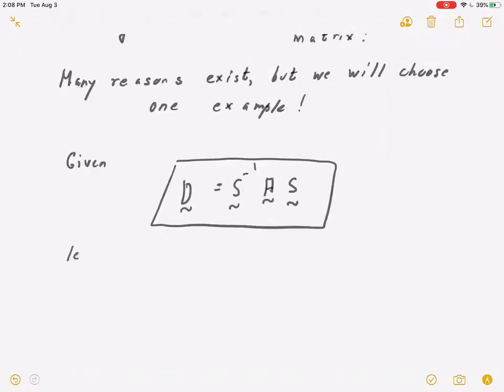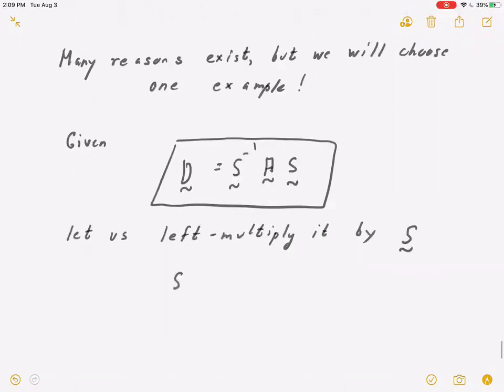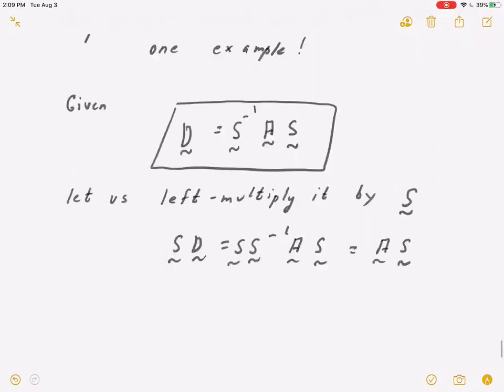So let us take this expression and let us left multiply it by the matrix S. So we'll get the following equation, which simplifies to this. This S times its inverse is just the identity matrix.